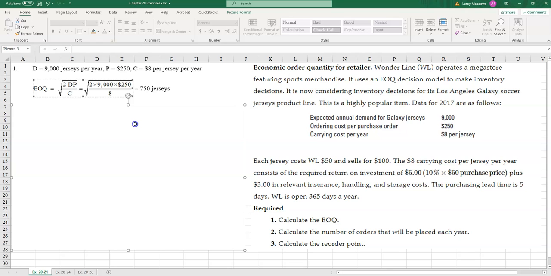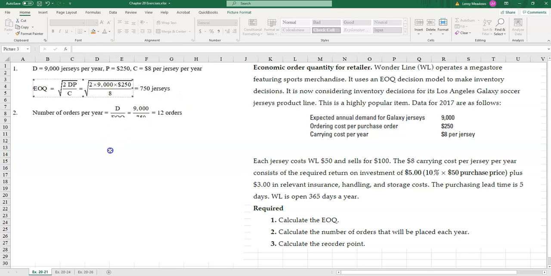So let's take a look at number 2. Calculate the number of orders that we place each year. In order to calculate this, I'm going to take my annual demand of 9,000 and divide it by the number of jerseys that I'm going to order in the economic ordering model, my economic order quantity. And that will tell me that I'm going to have 12 orders for the year.